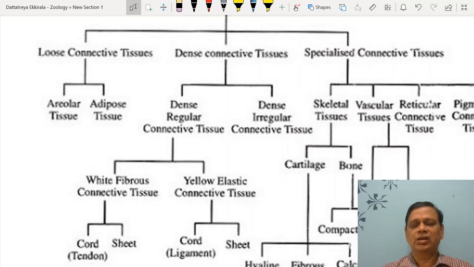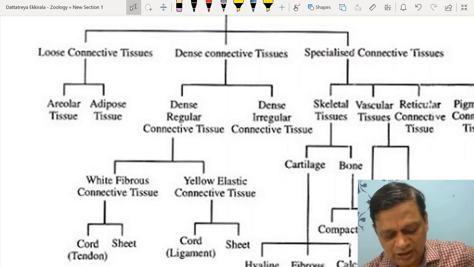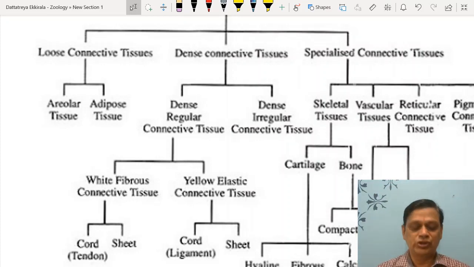In one way of classification, there is connective tissue proper, then skeletal connective tissue, which includes bone and cartilage, and fluid connective tissue, which includes blood and lymph. But if you see an alternative way, it is loose connective tissue and dense connective tissue. Together, we can also call them connective tissue proper.